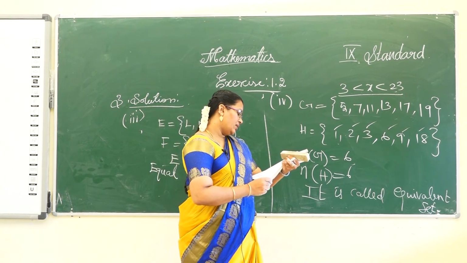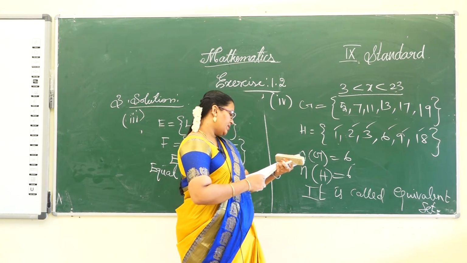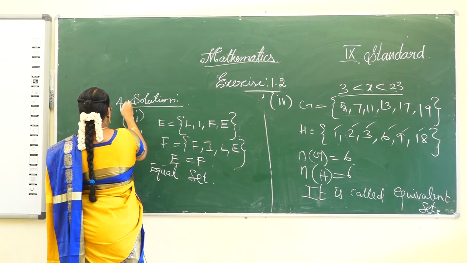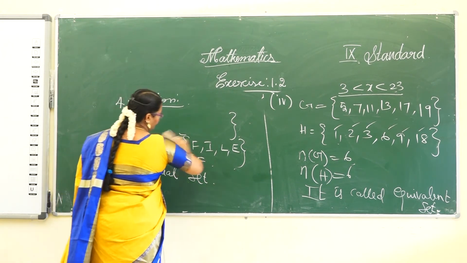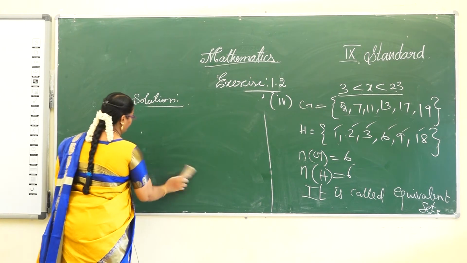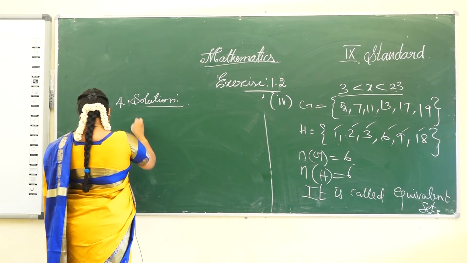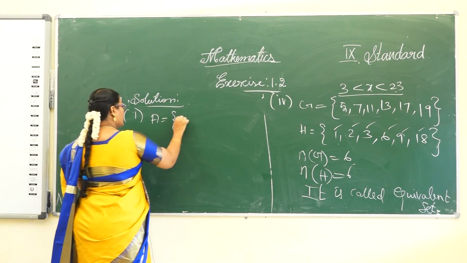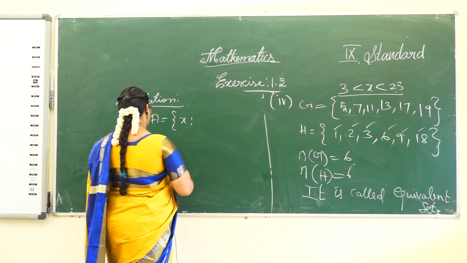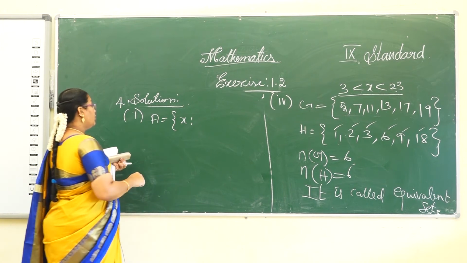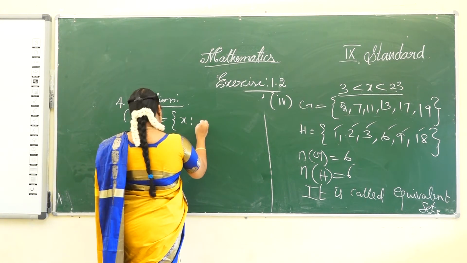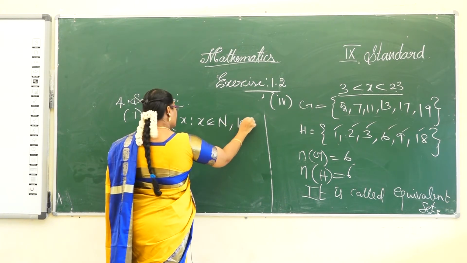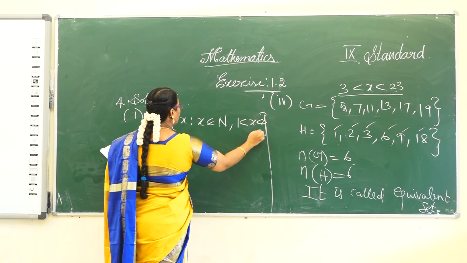Okay, next, fourth. Identify the following set as a null set or singleton set. First, A is equal to the set of all elements x such that x belongs to natural numbers, 1 is less than x less than 2.